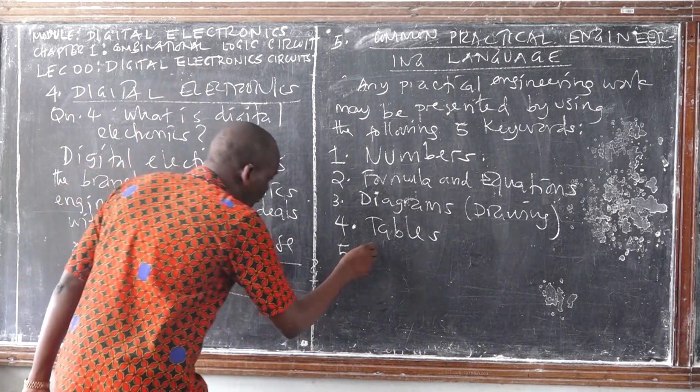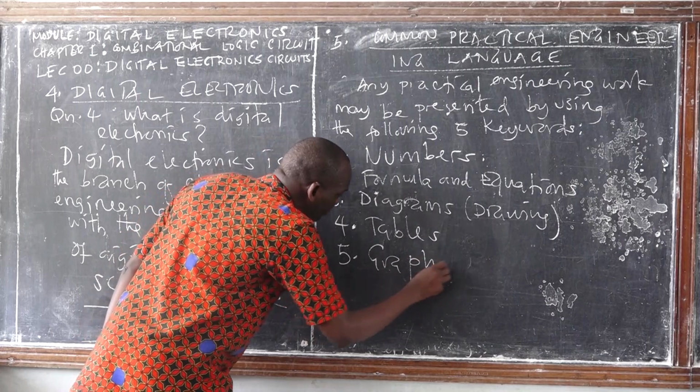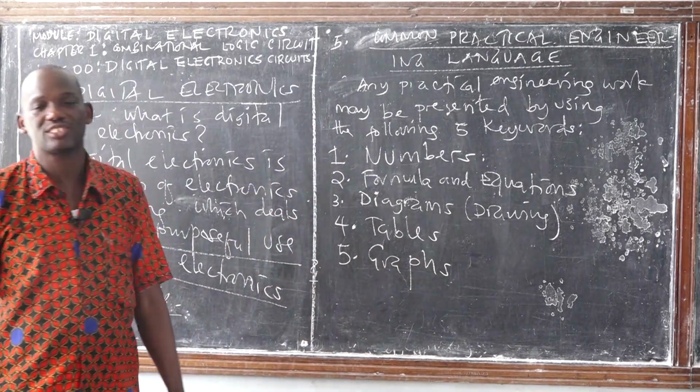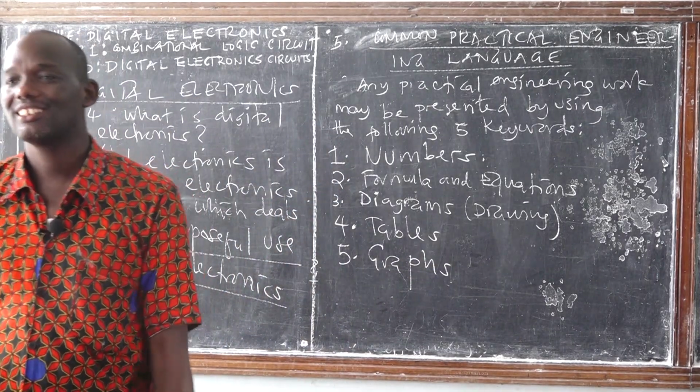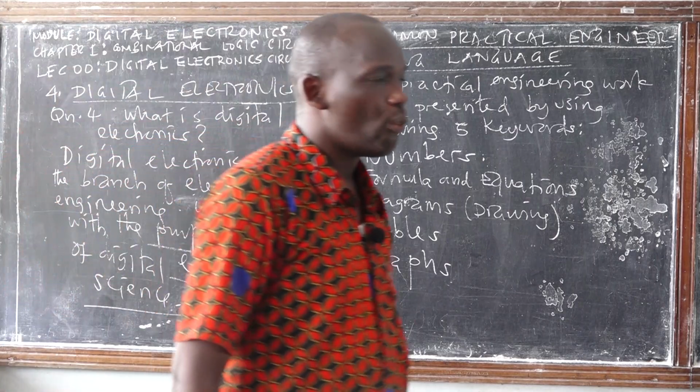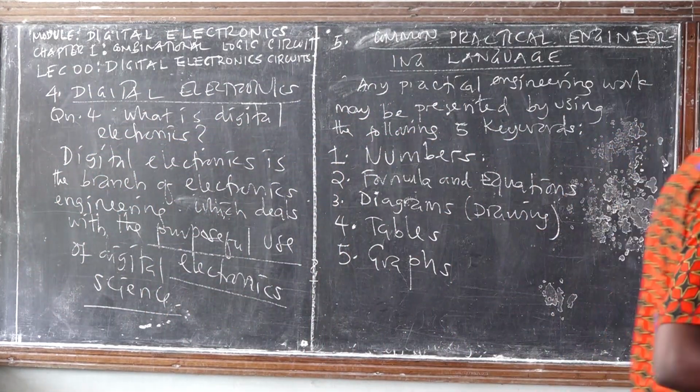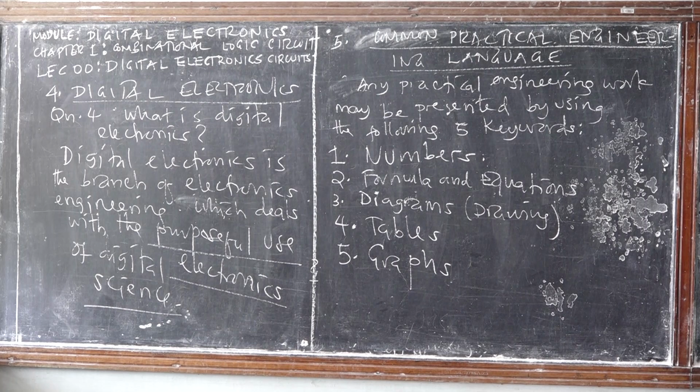Then, number 5, the 5th word is called graphs. Say graphs. Whenever you want to communicate, if you want to be a competent mechanical engineer, you have to like numbers, you have to like formulas. Stop writing.